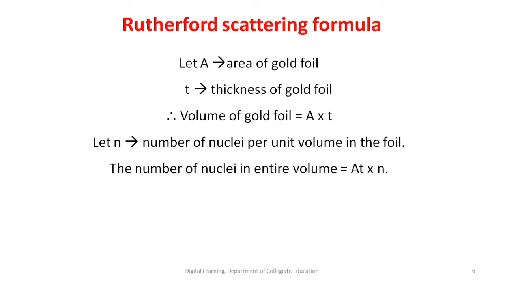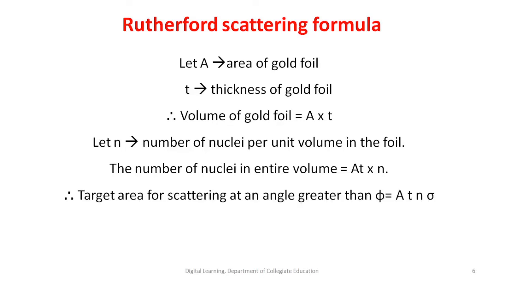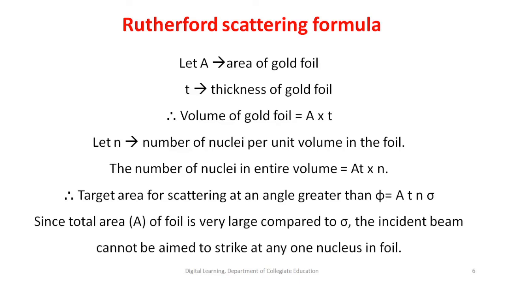Then the number of nuclei in the entire volume is A T N. Therefore, the target area for scattering at an angle greater than phi is A T N into sigma.